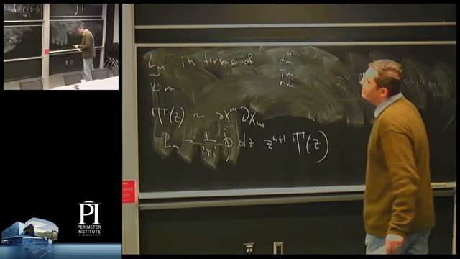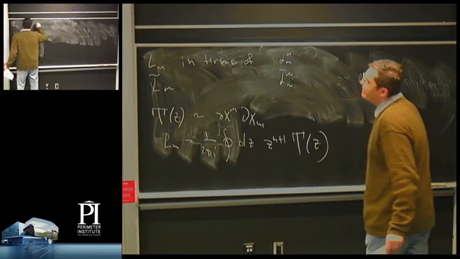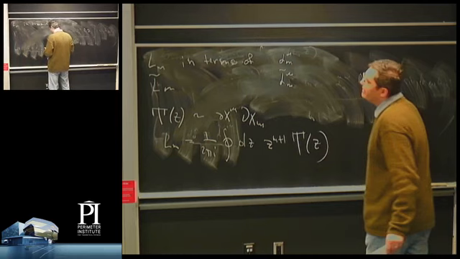To understand this, we have to express the Virasoro generators Lm in terms of alpha m, and correspondingly the anti-holomorphic Virasoro generators will be expressed in terms of alpha tildes.